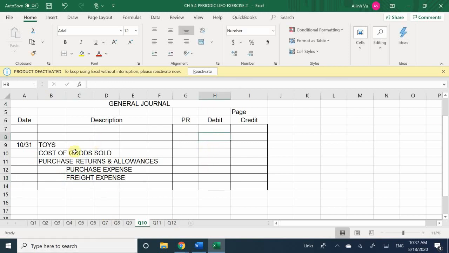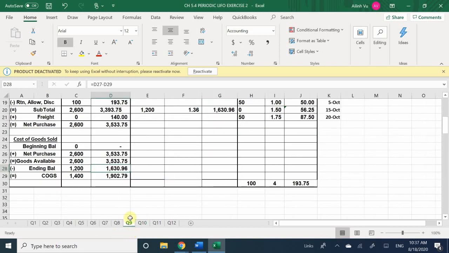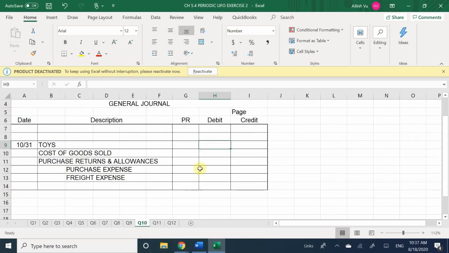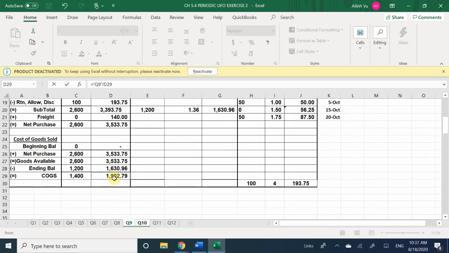All right. So, what is my total debits for my ending inventory? 1630.96. I forgot to do the equal sign, so I forgot to cell reference. So here, oh, wrong one.